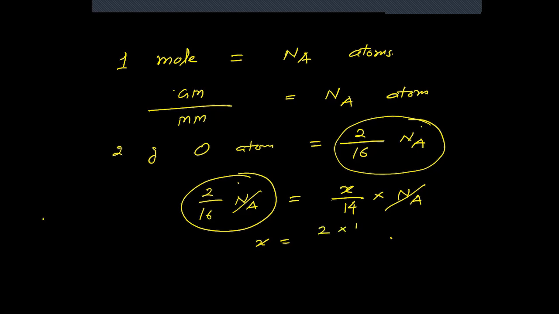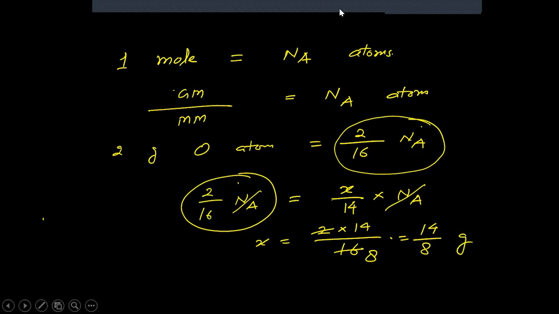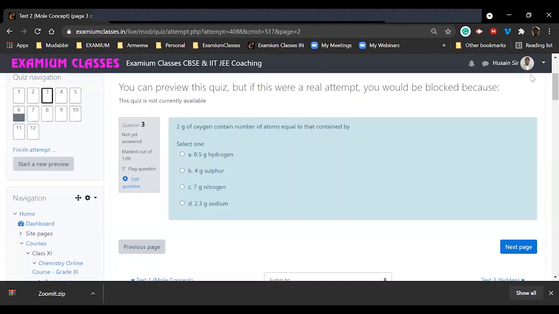X I got 2 into 14 divided by 16. 14 by 8 is certainly not 7 or 0.7, whatever was given there. So it means C is also not correct because it will not be those many grams given in the question. In question, it was given 7 gram of nitrogen. However, we got 14 by 8, which is not 7 gram. So that's how you will calculate.